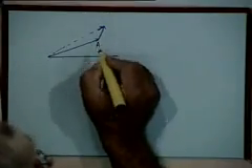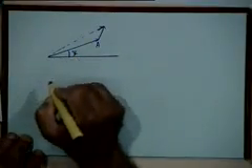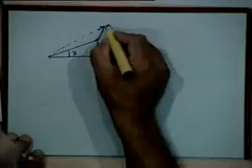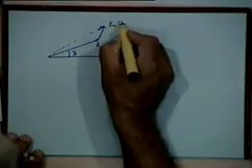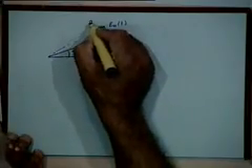This was your carrier amplitude A. For simplicity, I will call this angle psi. Remember, this was psi of t. This is your noise phasor, and this is your resultant phasor.